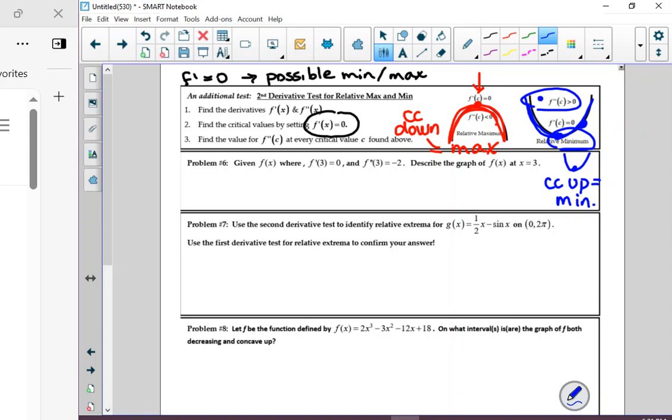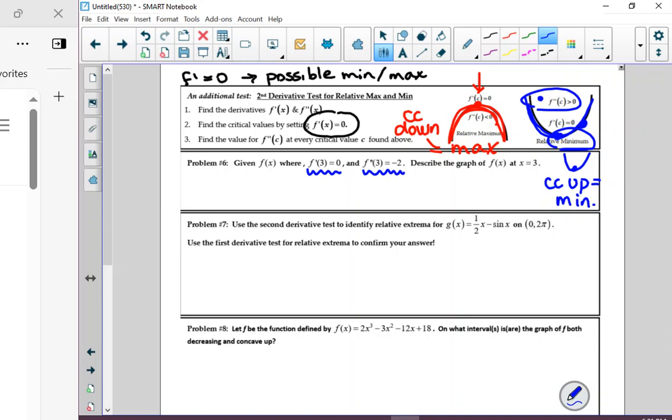So here's a good example. I don't have any information about f, and the only two pieces of information I have about f prime and f double prime are that f prime of 3 is 0 and f double prime of 3 is negative 2.